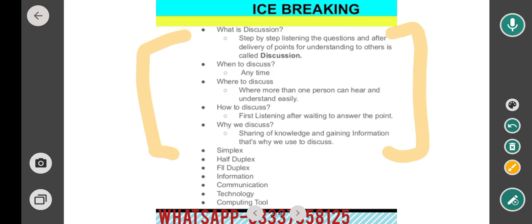We communicate our information through technology. How? There are different types of tools. What are computing tools? Let's see another slide. I would like to continue.